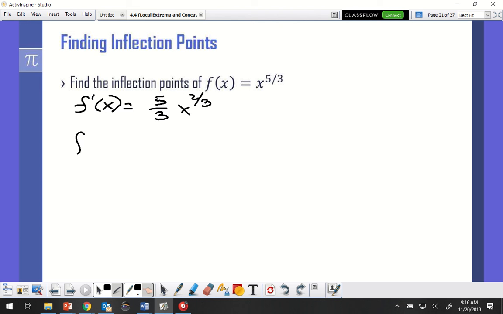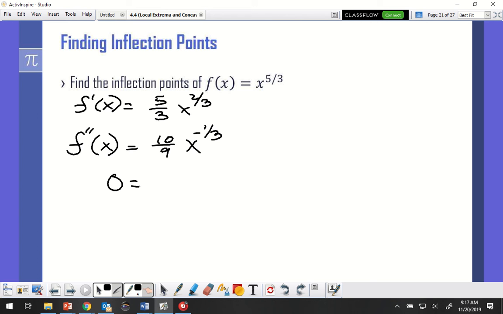So f double prime of x is equal to, what's that going to give me? 10 ninths? 10 over 9, x to the negative 1/3. So there's my double prime. And now given that, I set that equal to 0. So now I'm going to rewrite it as I do it.